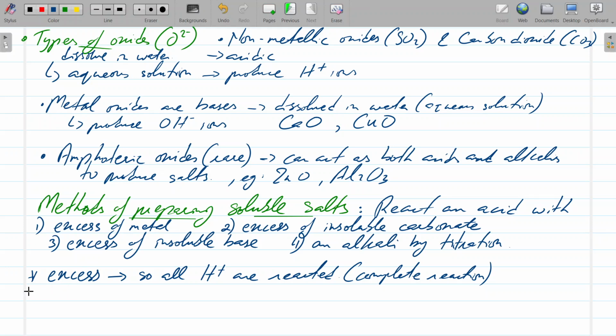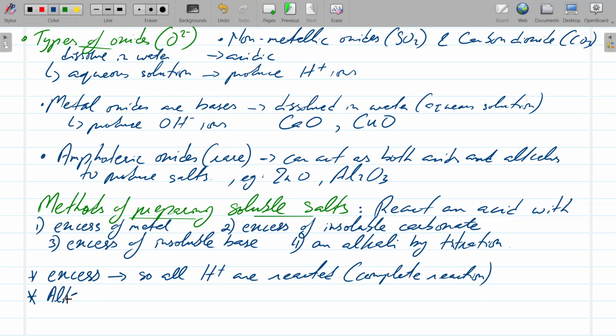And the second, what's the difference between a base and alkali? We've been using those terms interchangeably, and the book defines that as well.